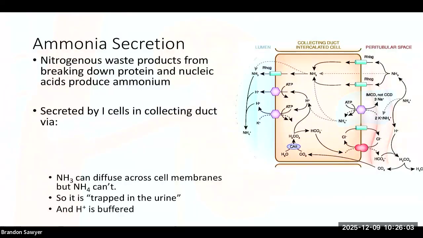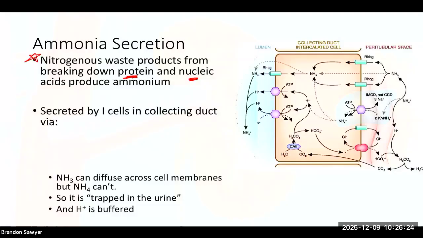Okay, so then connecting this ammonia secretion to the hydrogen ion secretion. Two things in our body that we're constantly breaking down and replenishing are proteins and nucleic acids, right? These are the two nitrogenous compounds that are really important organic molecules in our body, but they contain nitrogen.